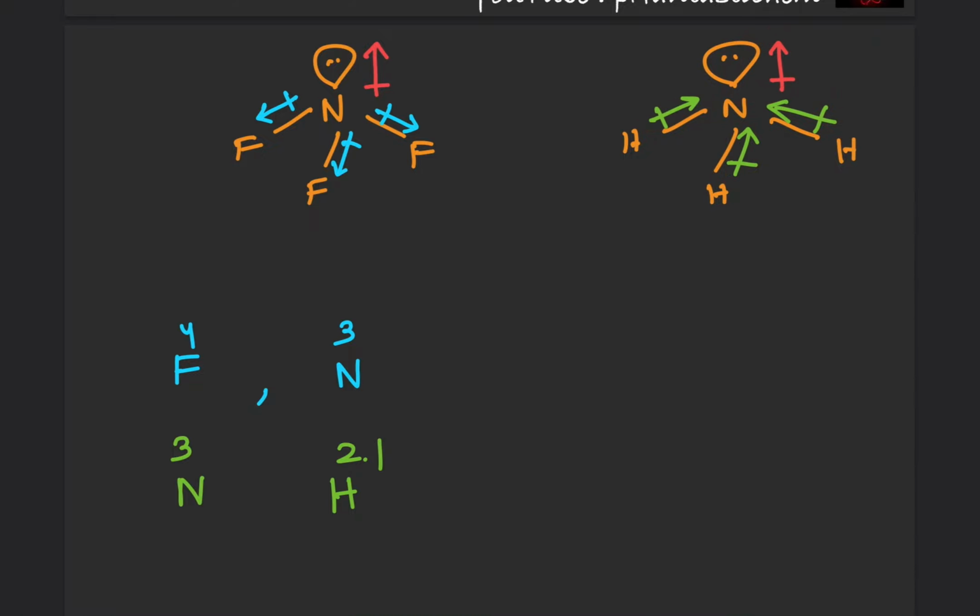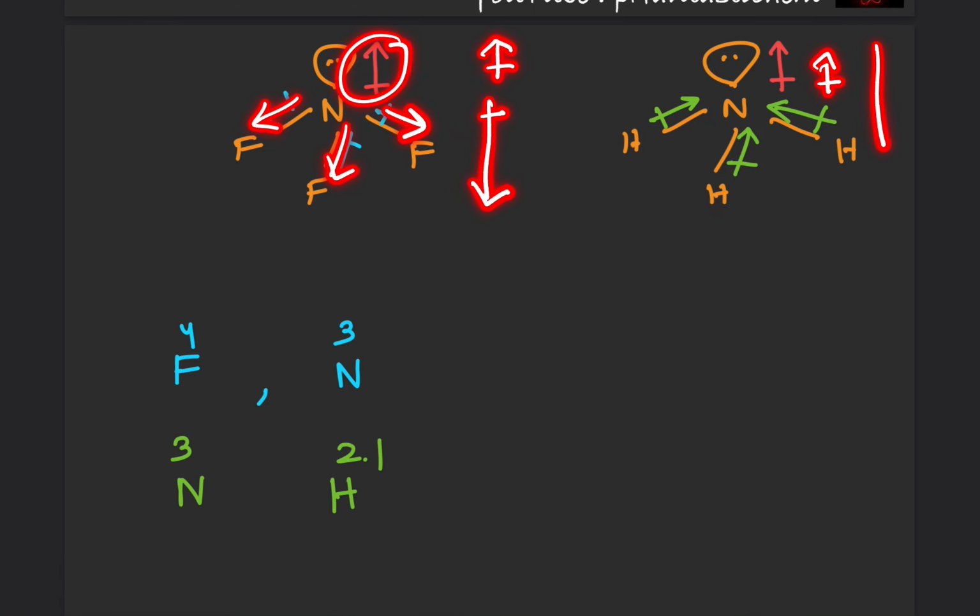In the case of NF3, the resultant dipole moment of NF bonds will be like this, and it partly cancels out the resultant moment of the lone pair, because both are in opposite directions. Here they were in similar directions.